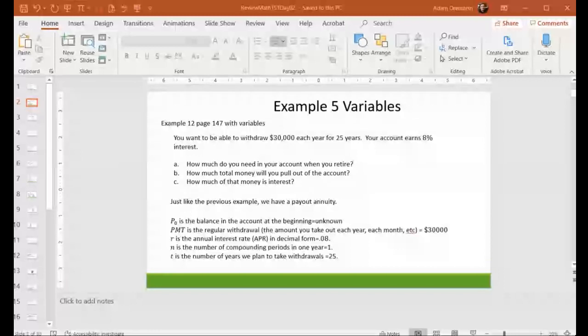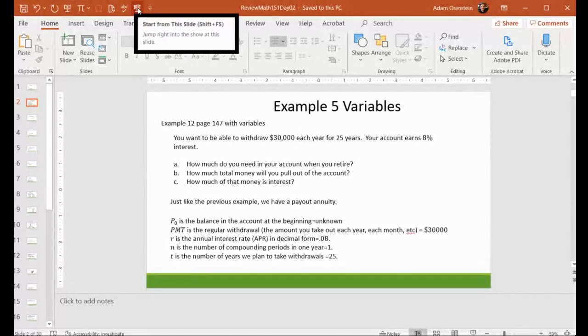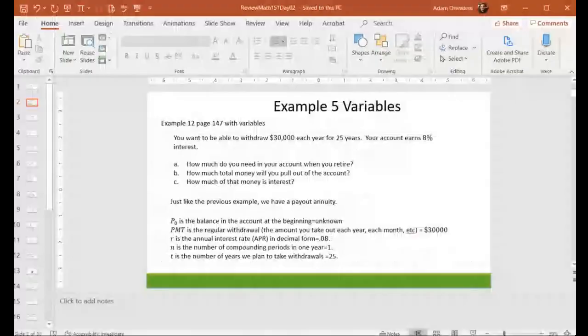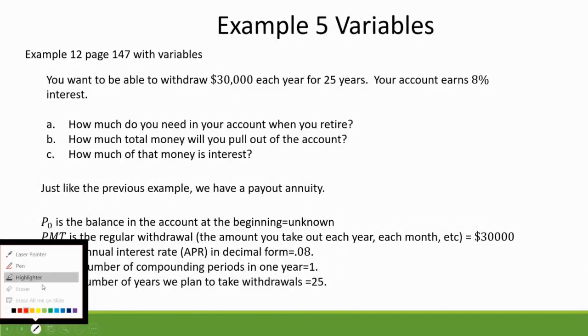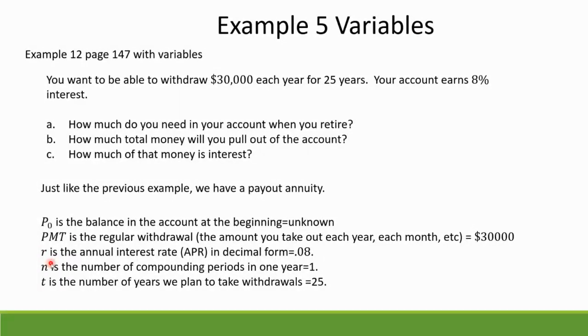Okay. So again, basically now we have the variables in this problem. Since we're withdrawing only once a year, we're assuming that the number of compounding periods is only once a year.